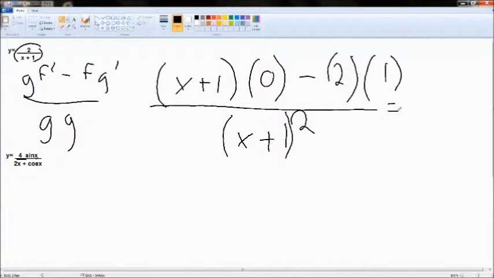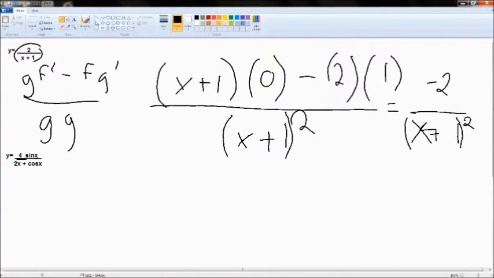When you simplify that, you just get 0 minus 2 on the numerator, or negative 2 over x plus 1, so your final result is negative 2 over x plus 1 squared.